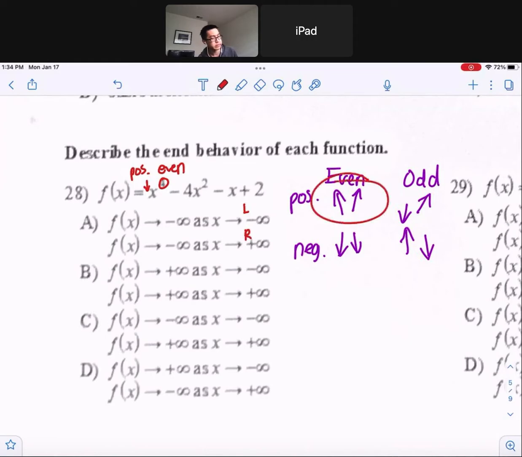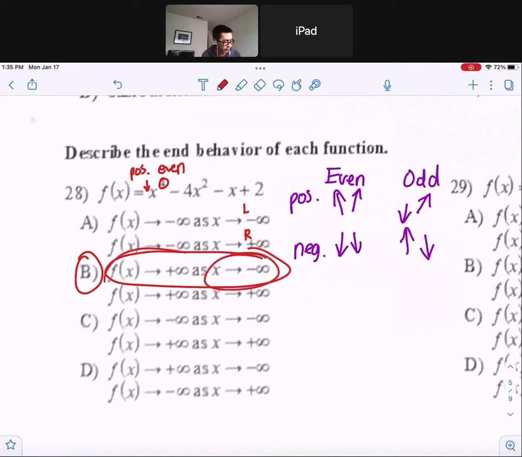If both are going up, then we need to find the f of x where both are positive infinity. Remember, x goes left to right, f of x goes up and down. So which f of x goes up and up? That would be B. As you can see, the left hand side is going up and the right hand side is going up.